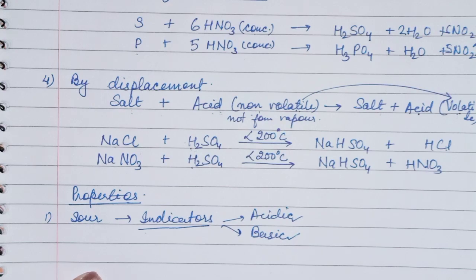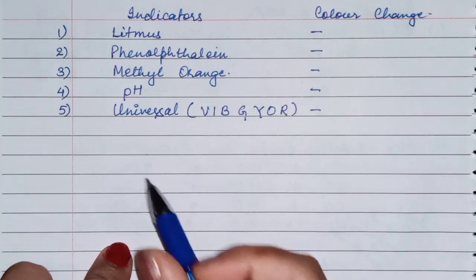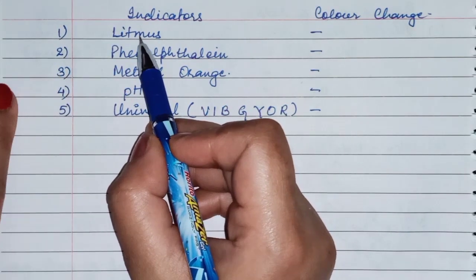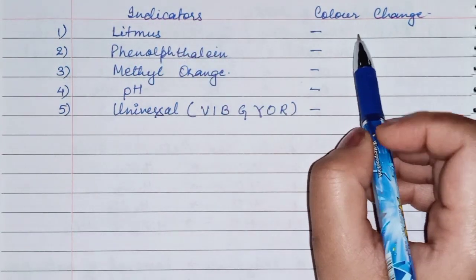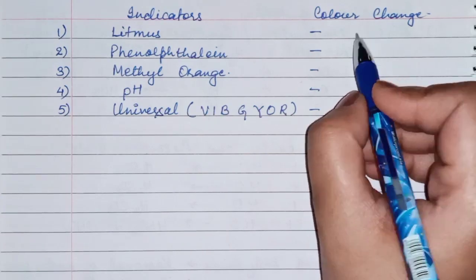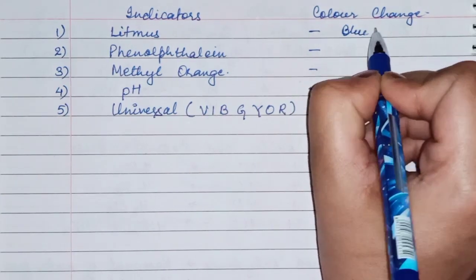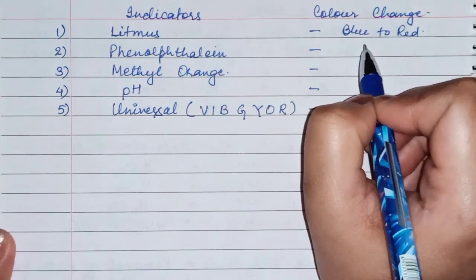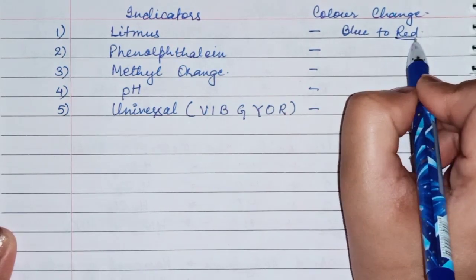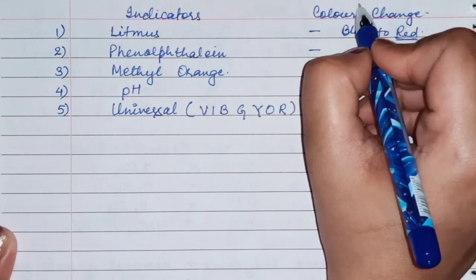Let's see some indicators here. Some indicators are litmus. You all know litmus will change its color in acid from blue to red. Children, one thing you will remember: red is the color which is associated with acid.